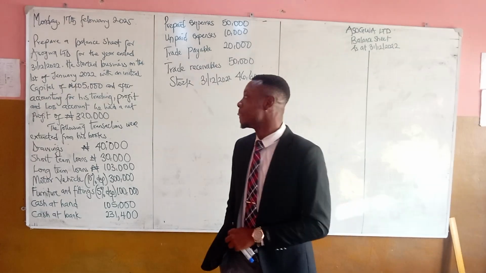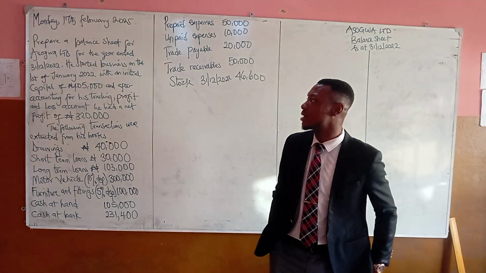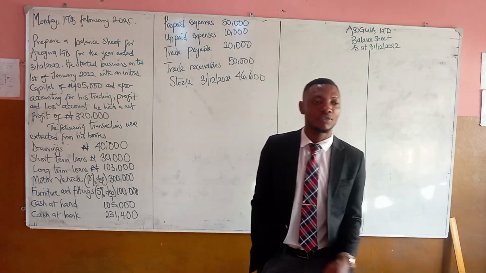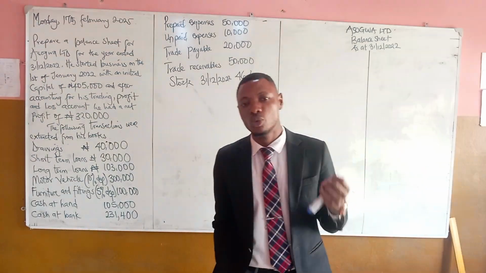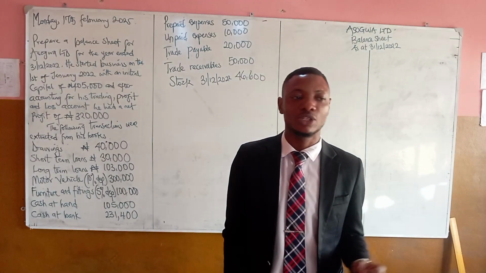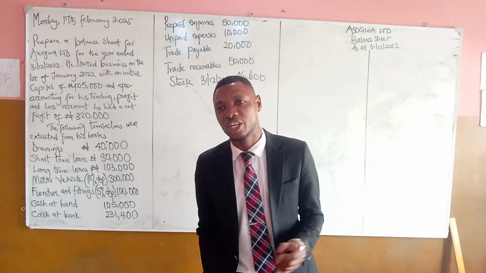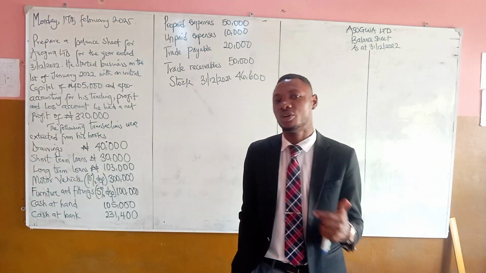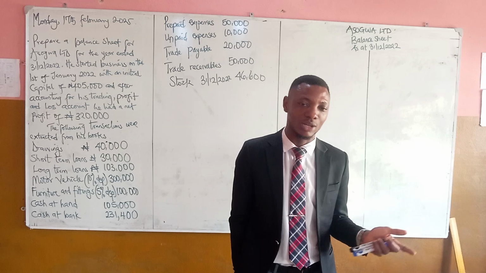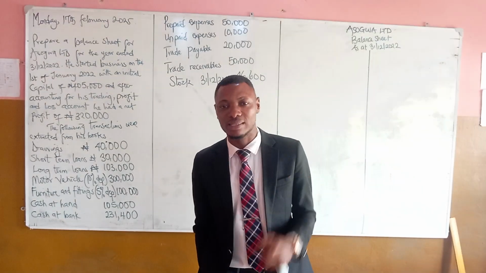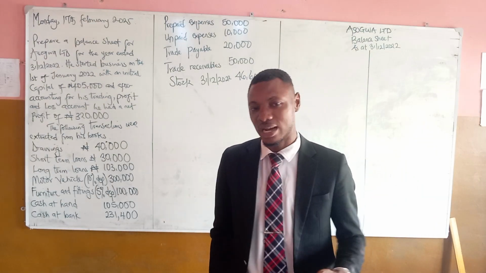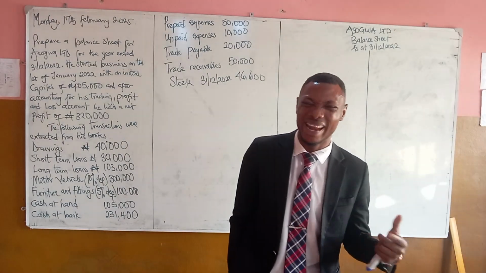Do we understand? So looking at this, remember when you are asked to prepare a balance sheet, there are certain informations that are necessary. You need your net profit, and to get your net profit, you have to ascertain it by preparing a profit and loss account. And you cannot get your net profit if there is no trading account, because from the trading account, we ascertain our gross profit, which is carried over to the profit and loss account in order for us to ascertain our net profit.